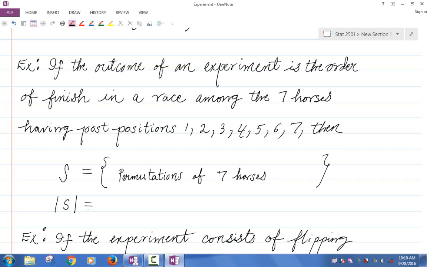The sample space consists of all permutations of 7 objects, right? How many permutations are there of 7 objects? 7 factorial, right? There are 7 factorial permutations of 7 objects, right? Is that right?